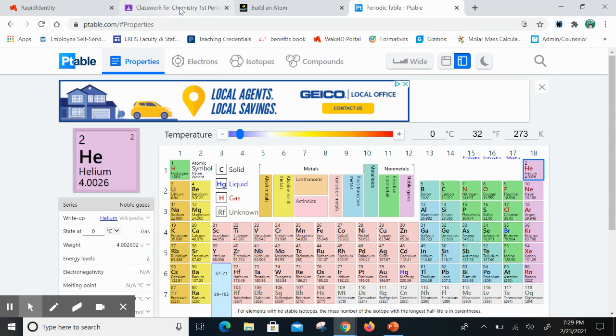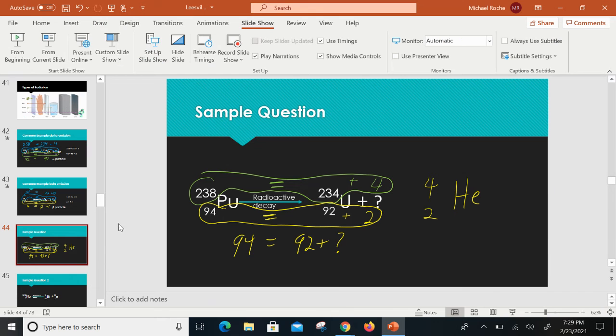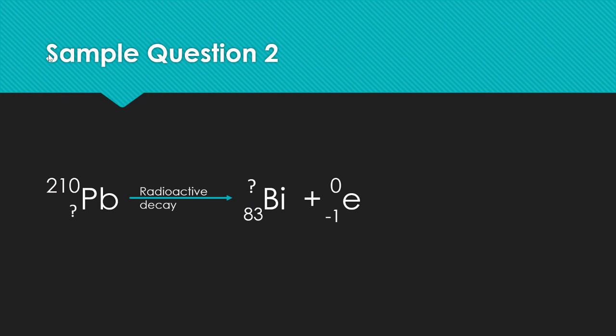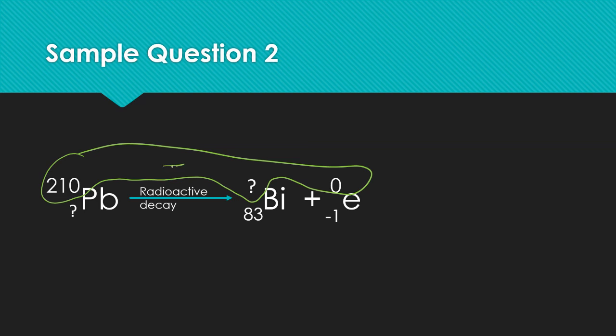All right. So this is another fun thing to do. If we're trying to figure out these numbers that are missing, we know that the top numbers equal each other after the arrow. So 210 equals question mark plus 0. So therefore, that must be 210.